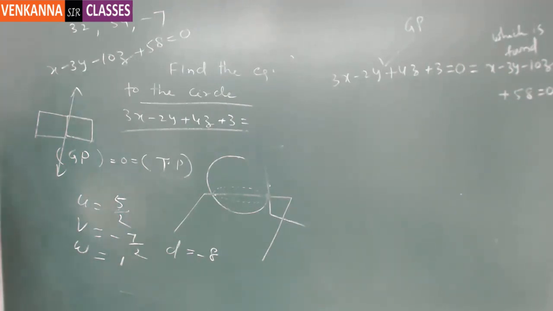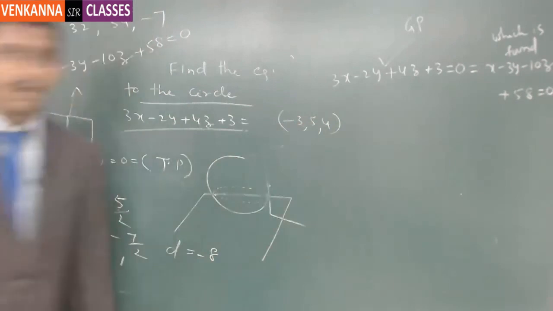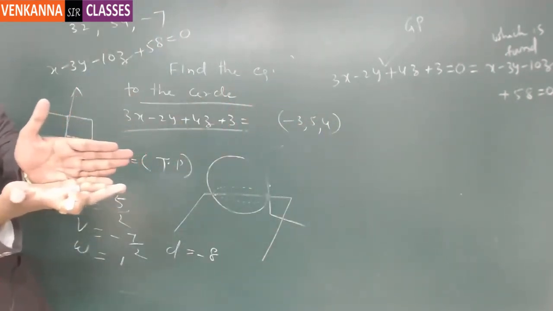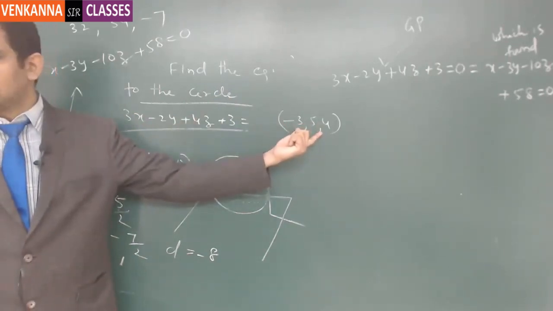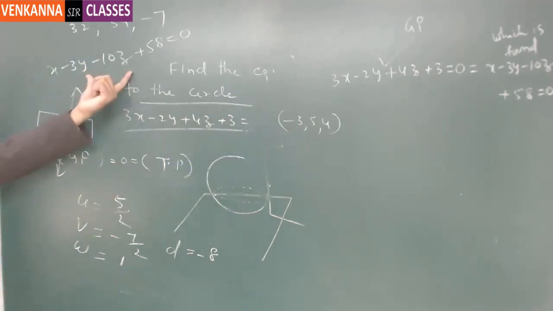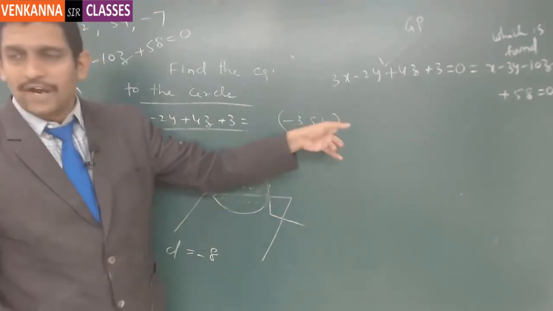The point is already given in the problem, -3, 5, 4. Because at that point only the two planes are intersecting, because the given plane contains this point and at the same point only you have calculated the tangent plane. So obviously the line contains the point -3, 5, 4.